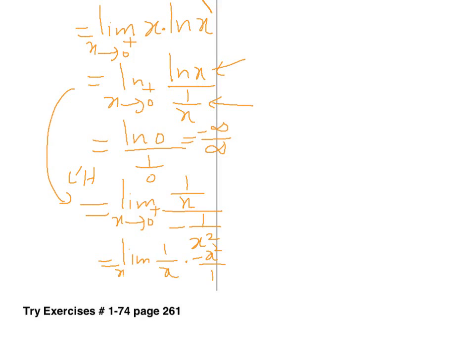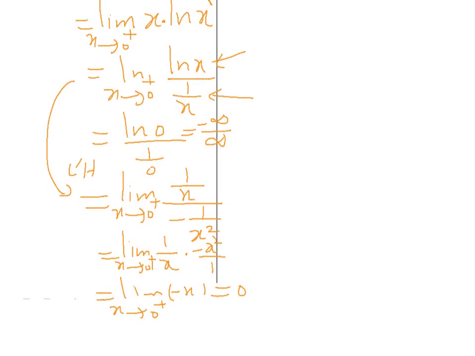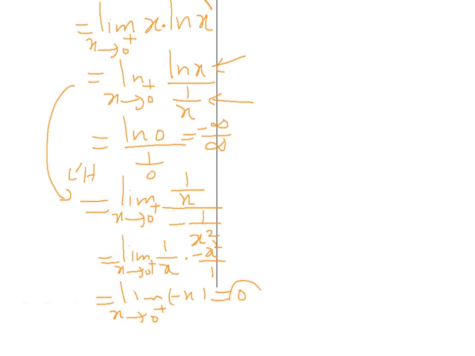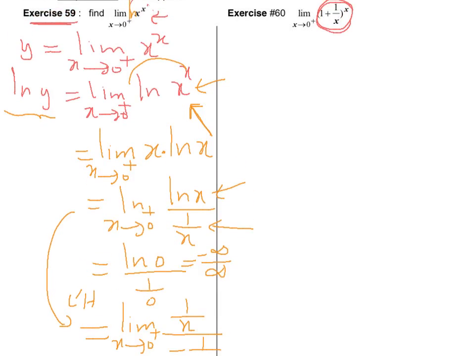This is equal to the limit when x approaches 0 from the right of minus x, which is equal to 0. Now, this 0 is ln y.